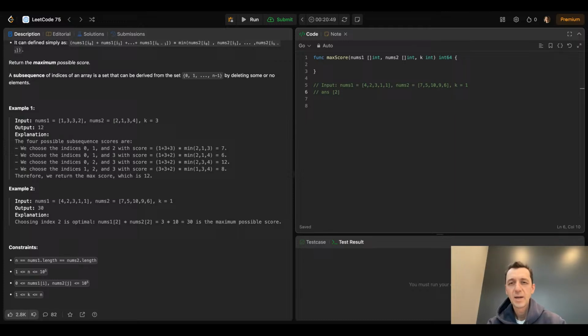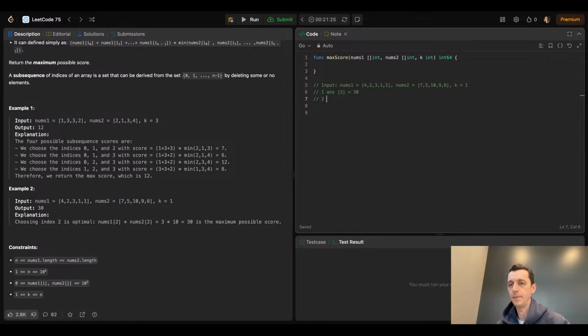Okay, because with index 2, we have 30. Now we go for the second. We will go again and look at all the other options.